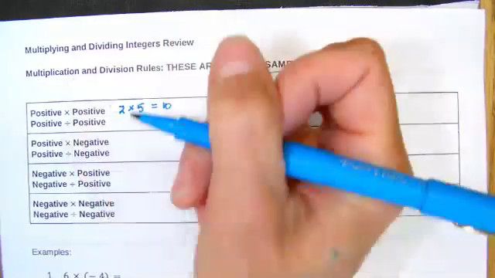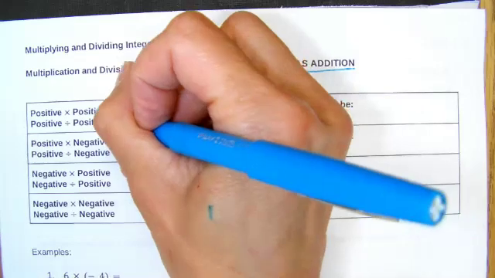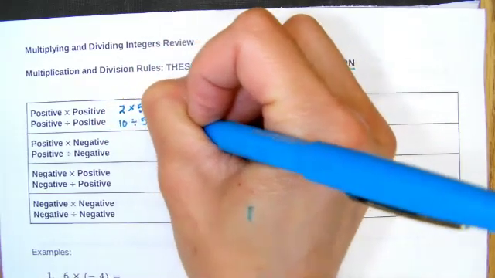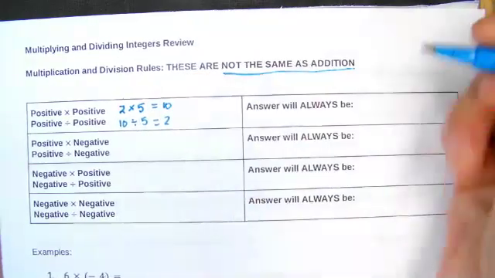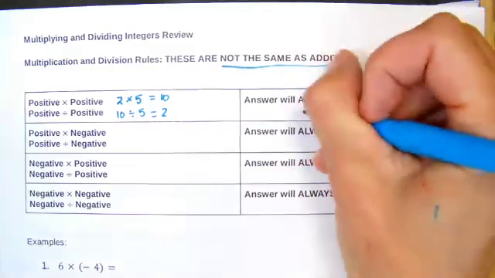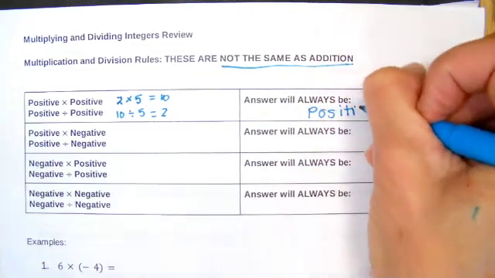If you divide a positive by a positive, same thing. 10 divided by 5 is 2. Anytime both of them are positive, your answer will always be positive. We learned that in elementary school.